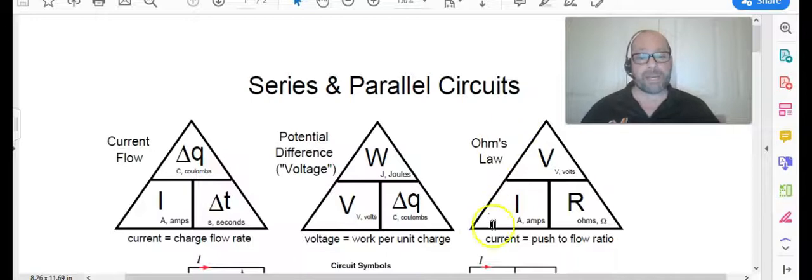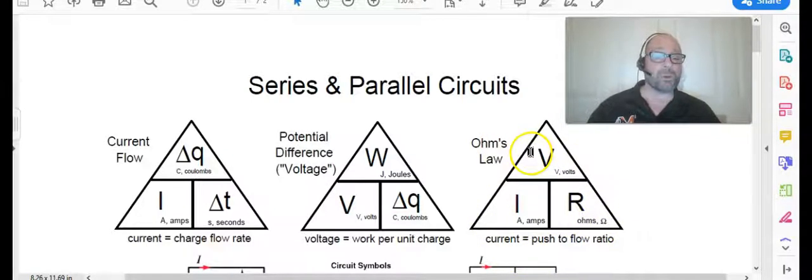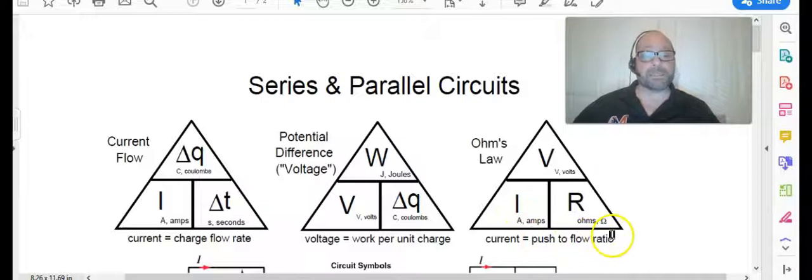And then we have Ohm's law. So Ohm was a German physicist, and he discovered the push to flow ratio, that current can get through a wire based on two particular qualities of that wire or of that circuit.